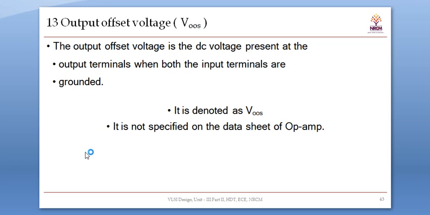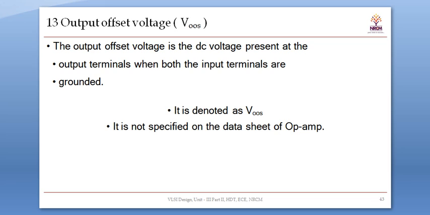When the inverting input terminal and the non-inverting input terminal are both grounded, ideally the output should be 0, but practically there is some DC voltage available at the output of op-amp, and that DC voltage is called output offset voltage. The value is not specified in the data sheet for the output offset voltage.